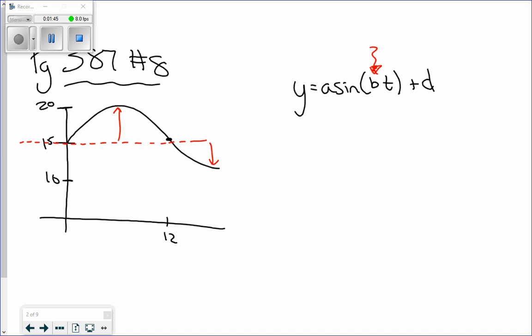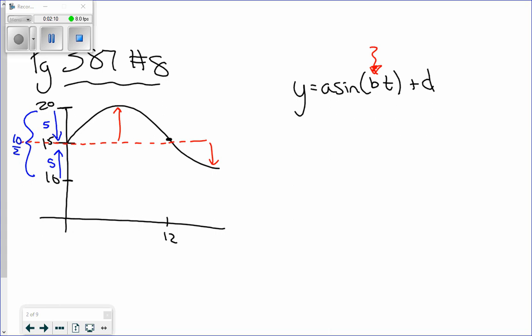Now, if you didn't want to do that, your other option would be to say, okay, what is the total distance that I have to go from 10 to 20? Well, I have 10. If I divide that by 2, I get 5. So if I come 5 down from 20 and 5 up from 10, notice I land at 15.